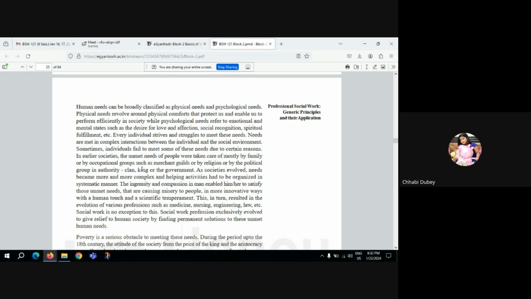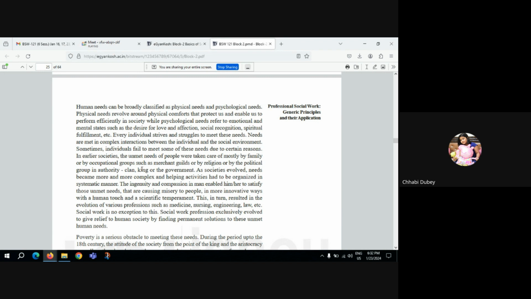There are different types of needs that individuals may have, and every individual strives and struggles to meet these needs. And these needs are met in complex interactions between the individuals and the social environment. Sometimes individuals may fail to meet some of these needs due to certain reasons.